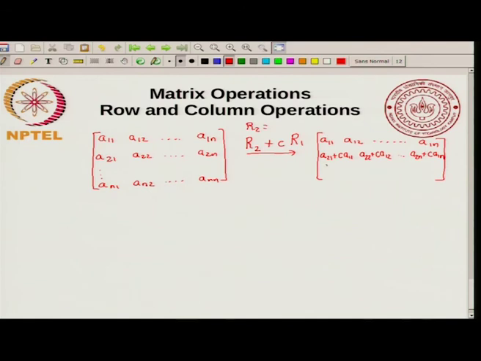All the other elements remain unchanged, so only row 2 is changed by this operation. This is called a row operation. You can multiply by any constant, you can subtract, and you can add two different rows, or you take a linear combination of rows.